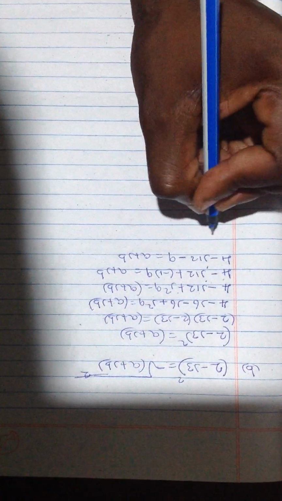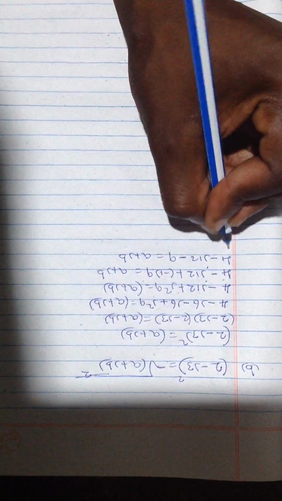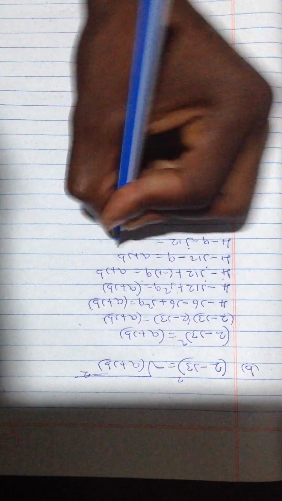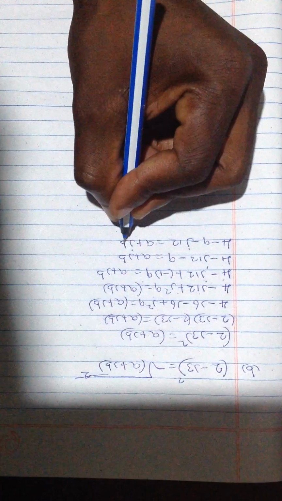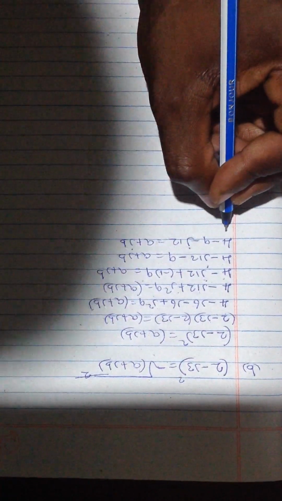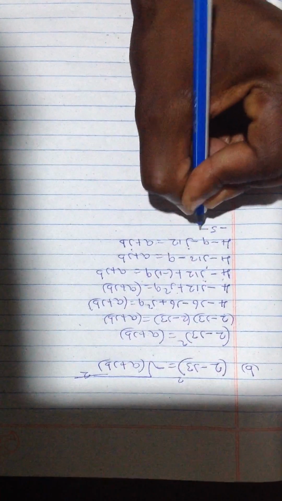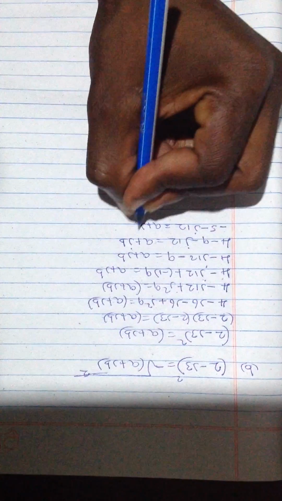Okay, so from this point here, I collect like terms. 4 and negative 9 are like terms, so I put them together. So it will be 4 minus 9 minus J12 equals to A plus JB. From this stage, what next? 4 and 9 are like terms, so I subtract. That is 4 minus 9, I'm going to have a negative 5 minus J12, which is equals to A plus JB.